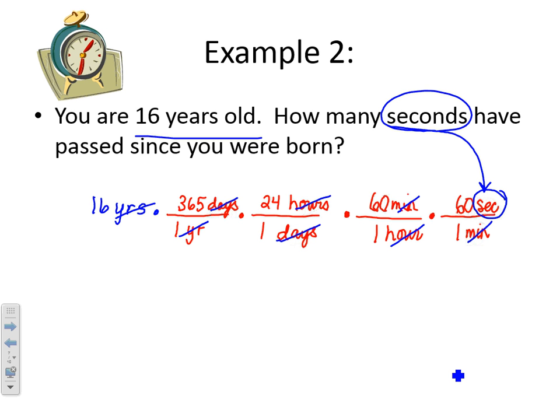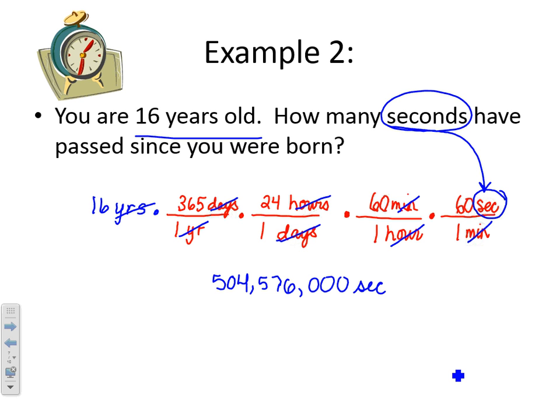Now, this is multiply everything on top and divide it by everything that's on bottom. So if I multiply everything on top, I would get 504,576,000 seconds.